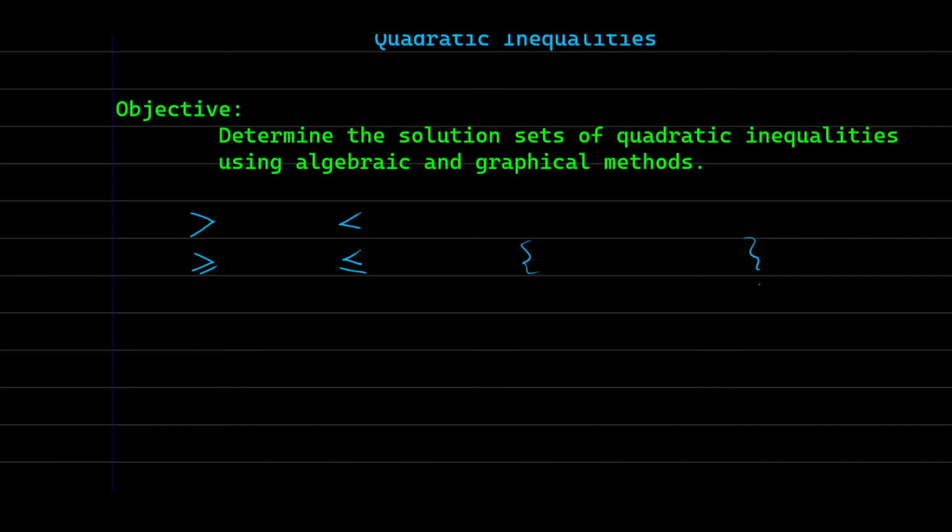Right, so now let's answer a simple question of where you're going to use this. Why is it necessary that I need to learn how to solve a quadratic inequality? I'm just going to write it here: ax squared plus bx plus c greater than or equal to 0, or any one of these operators can go inside of here. Why is it we need to do this? In a situation where you have some problem to figure out, and the problem is a quadratic, and you have some condition to fulfill.